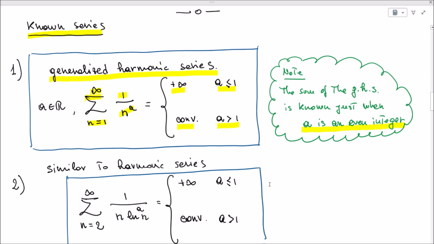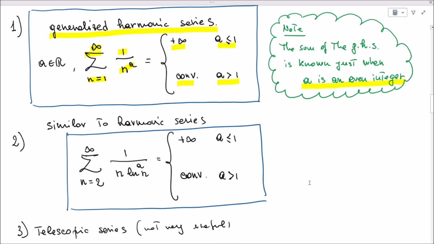Another very close relative of this series is the following one, which I don't think has a specific name, but you realize the similarity. This is the sum as n goes from 2 to infinity of 1 divided by n times logarithm of n, all raised to the a. It is very similar to the previous one.